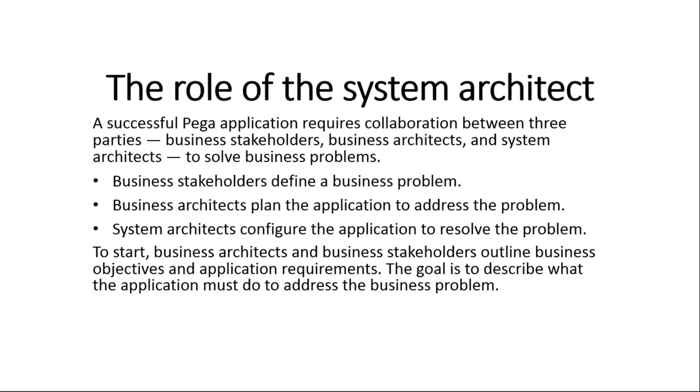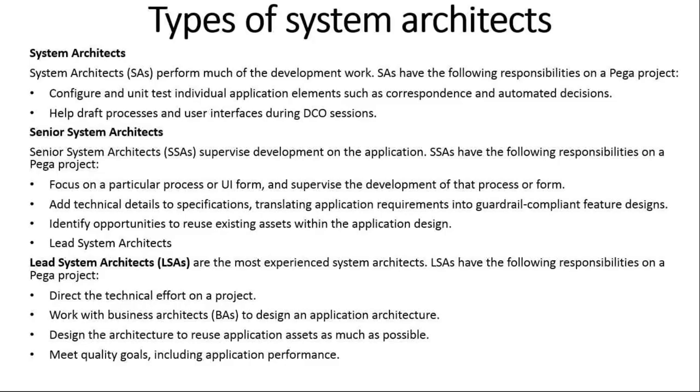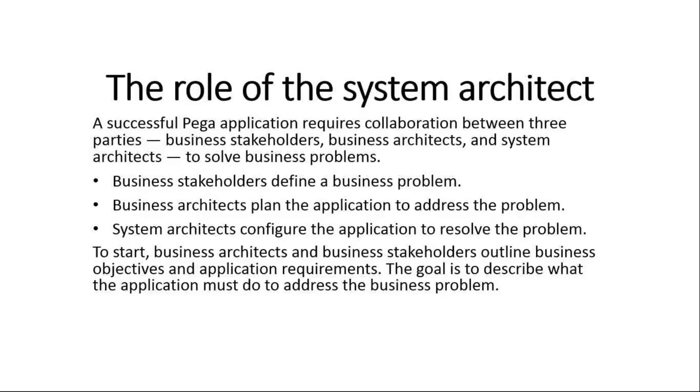And again, the role of the system architect is defined in three parts: system architect, senior system architect, and lead system architect. A successful Pega application requires collaboration between three parties: business stakeholders, business architects, and system architects to solve the business problems. Business stakeholders define the business problem.